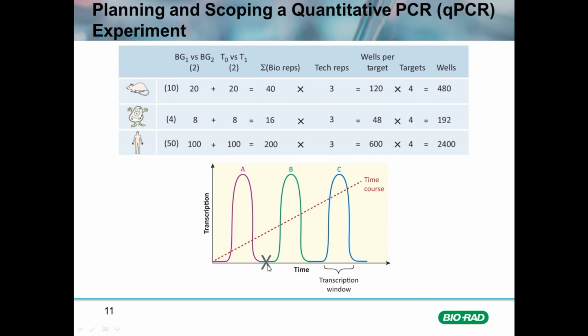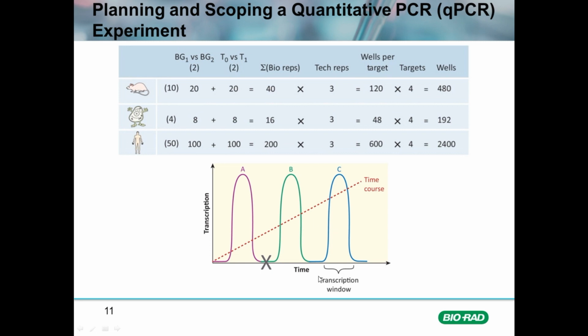So the solution to this problem is to perform a time course. And in qPCR, this could be an initial optimization experiment where various time points are chosen post-treatment to harvest cells or tissue to assess where each individual target transcribes.